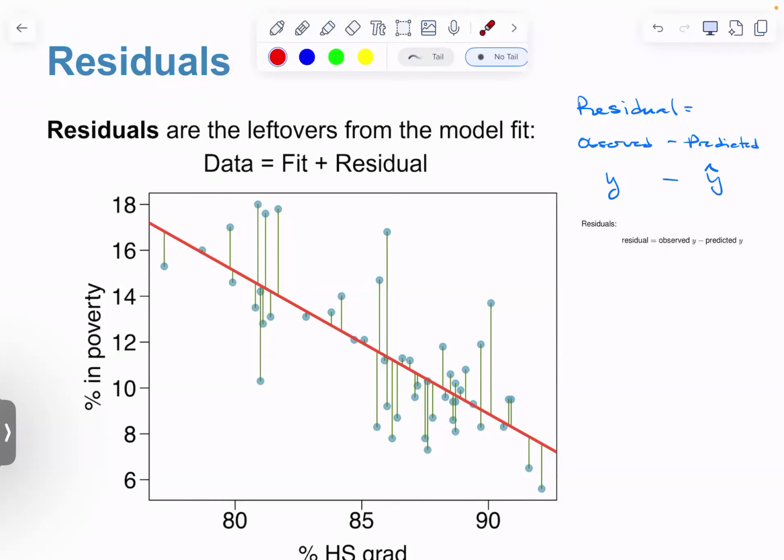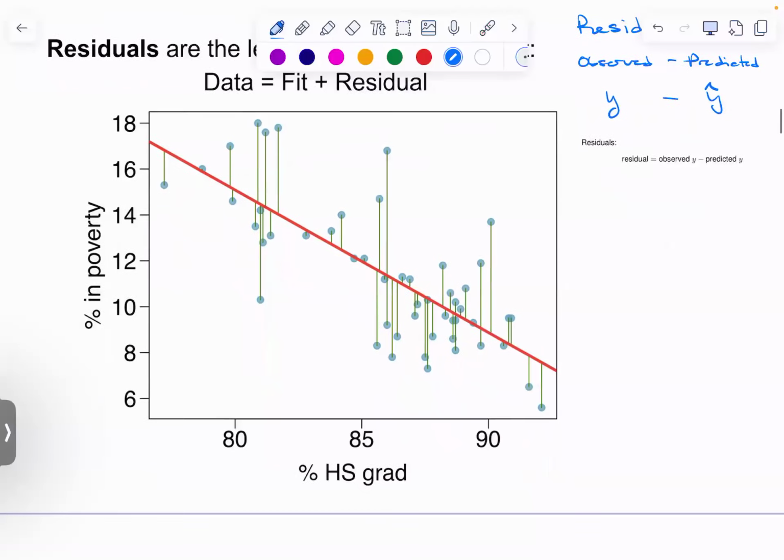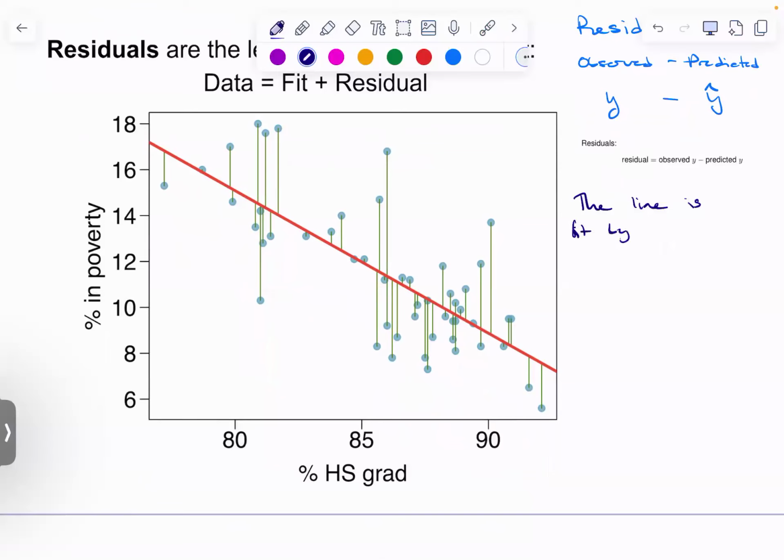So the line is fit by minimizing the residuals, technically the residuals squared, but let's just hold off on that. So the sum of the residuals would be 0.